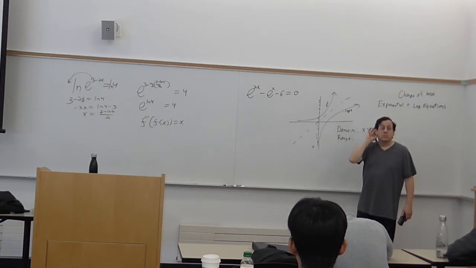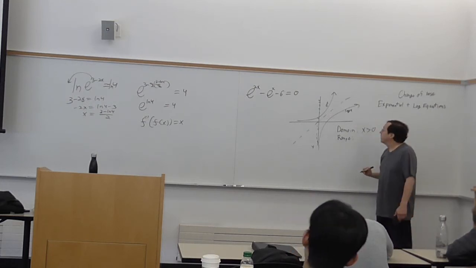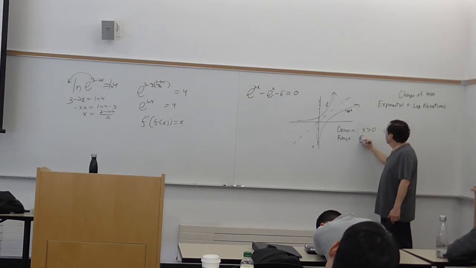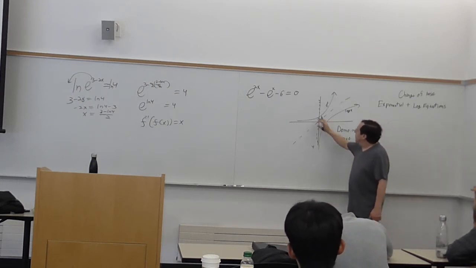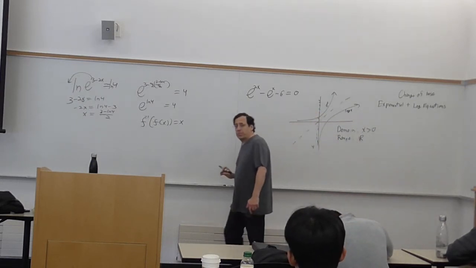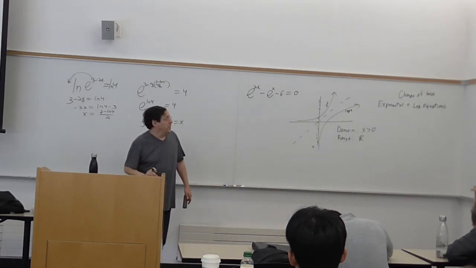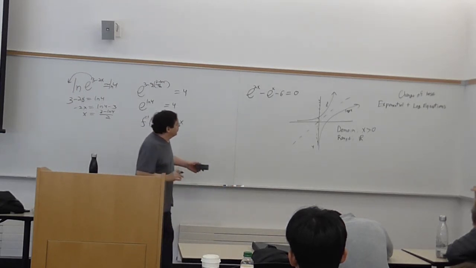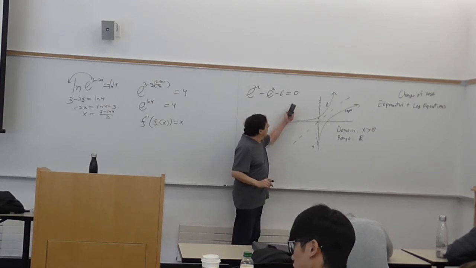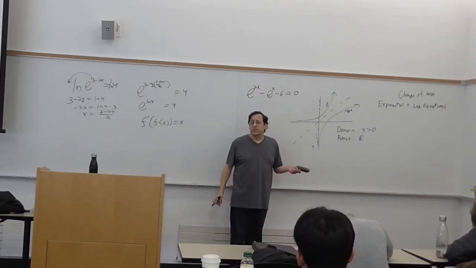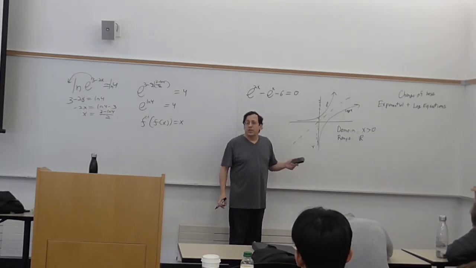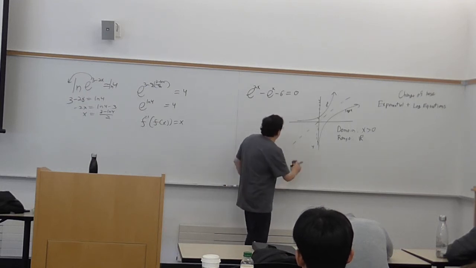All reals? All of them, yes. The range is all real numbers. Again, just switch it around for the exponential. The domain is all real numbers. Okay, so log of 0 is undefined. It's not even in the domain. So that's not going to help.